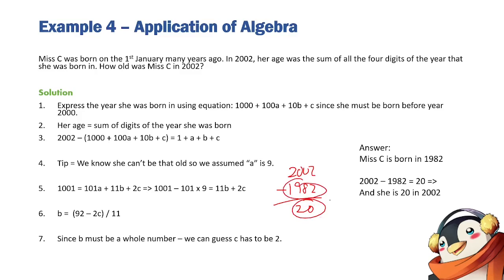Because 1 plus 9 plus 8 plus 2 gives you 20 as well. Okay, we satisfy the condition whereby the sum of the 4 digits of the year she was born in is her age.